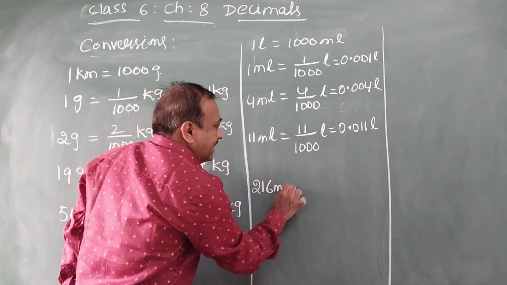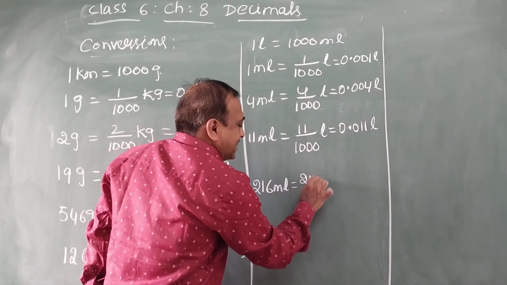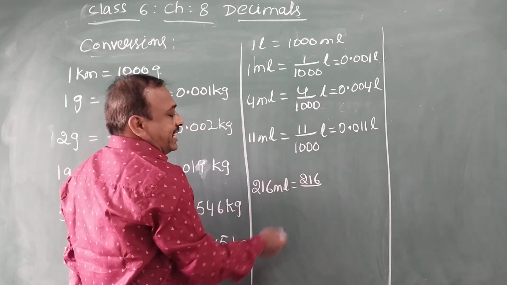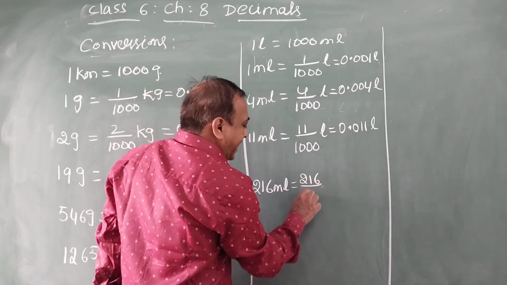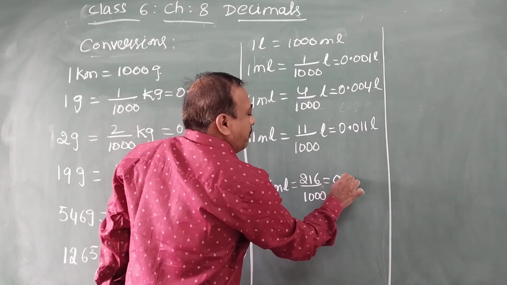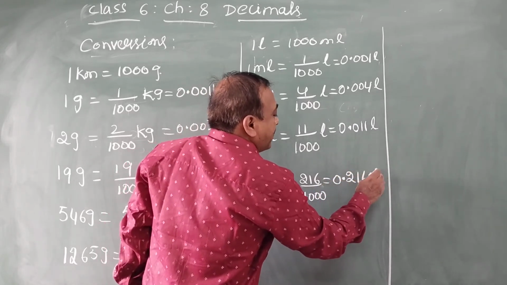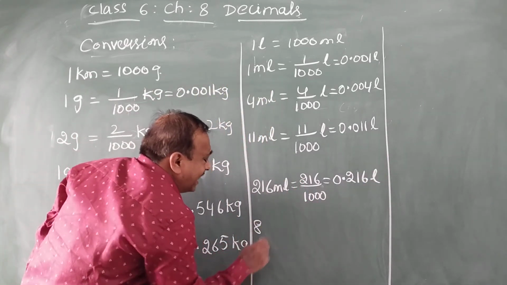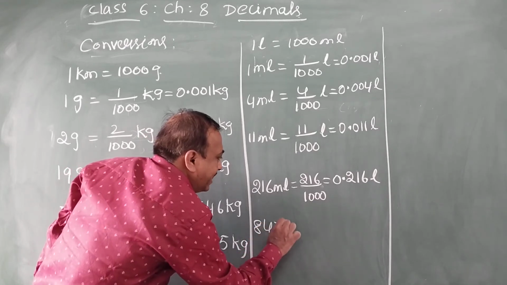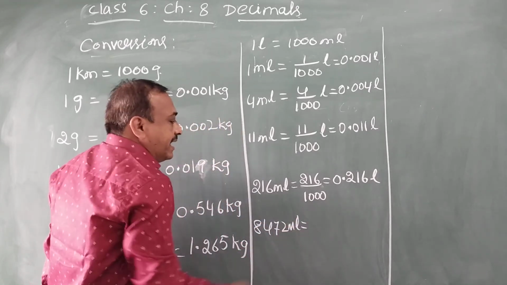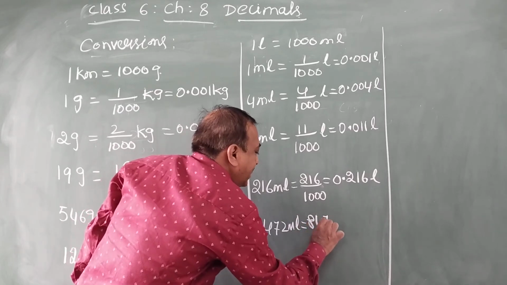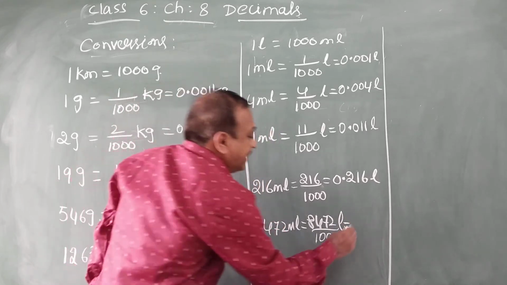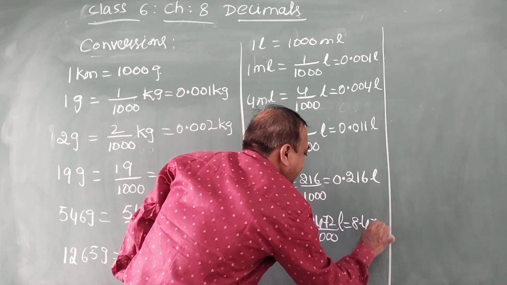If you write 216 milliliters, then 216 by 1000 liters, which is 0.216 liters. If you write 8,472 milliliters, then 8472 by 1000 liters, which we write as 8.472 liters.